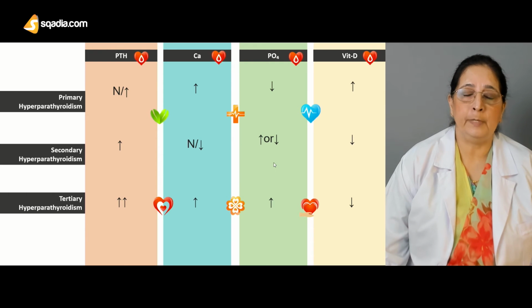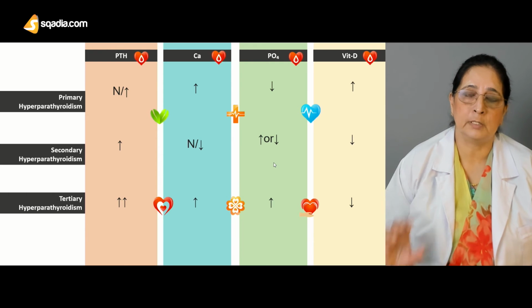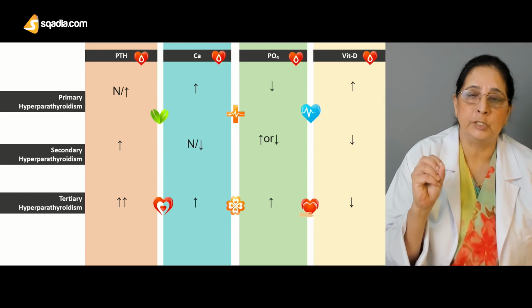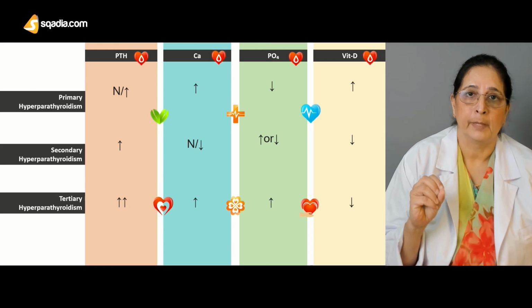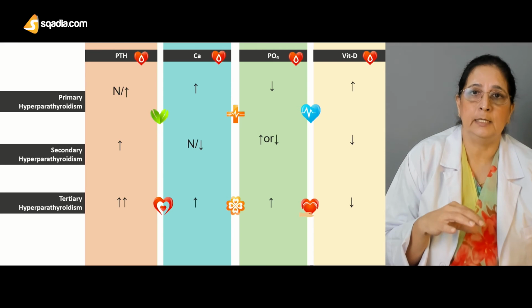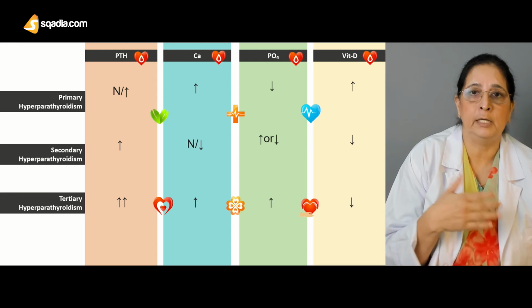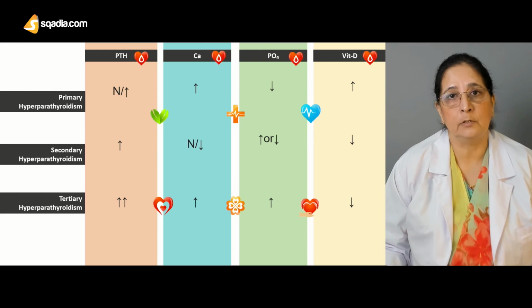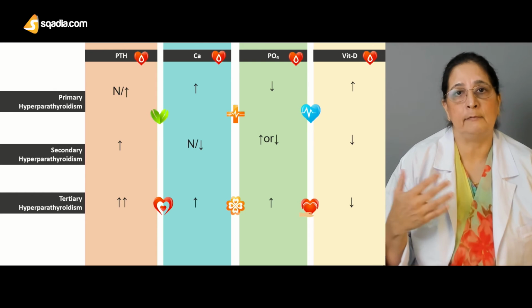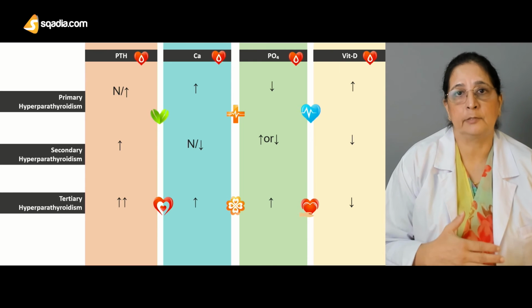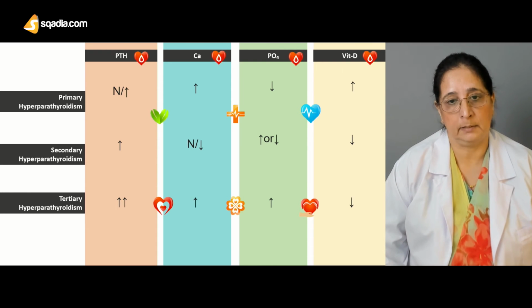So etiology plays a very important role. What's happening that leads to hyperparathyroidism? And whether the kidney is excreting phosphorus normally or it's not excreting it normally. If not excreting, level is increasing. If it's excreting, then the level is decreased.